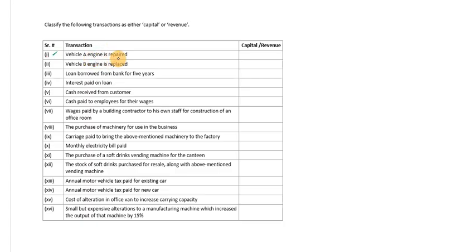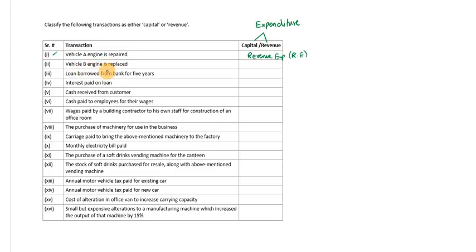Will it be revenue expenditure or capital expenditure? So tell me. Revenue. Well, it's a revenue expenditure. So we can write RE, which stands for revenue expenditure.